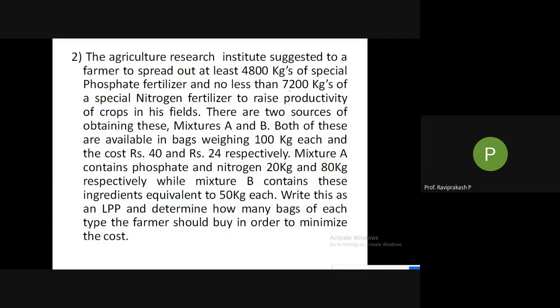This is the second problem, which is similar to the first problem. As I told you, the problems of formulation would be very big because all the information should be given. So please write down.